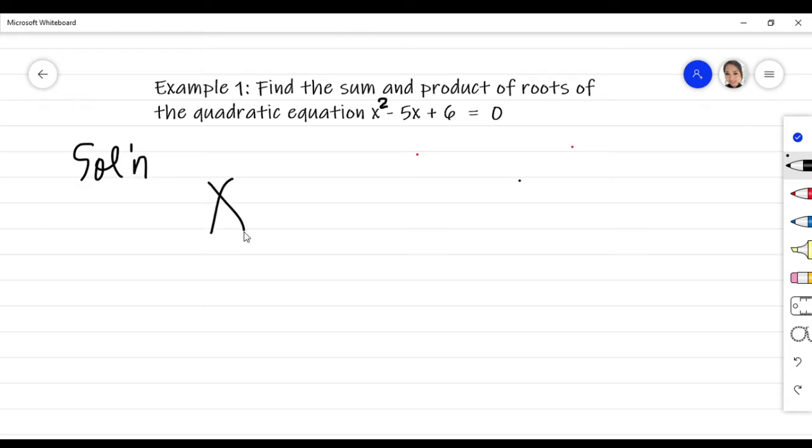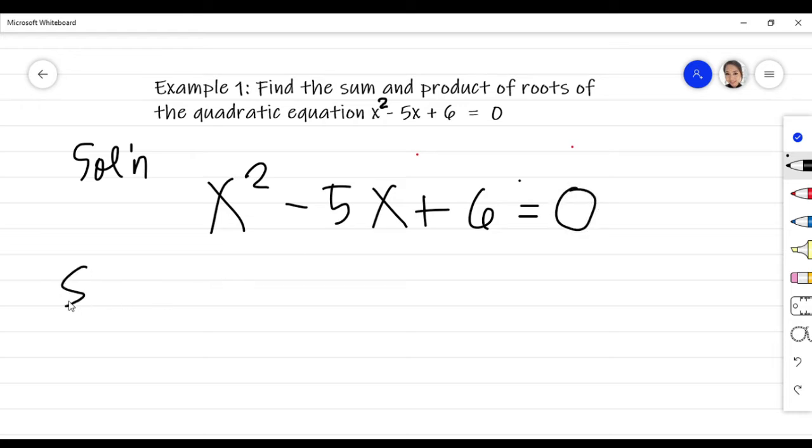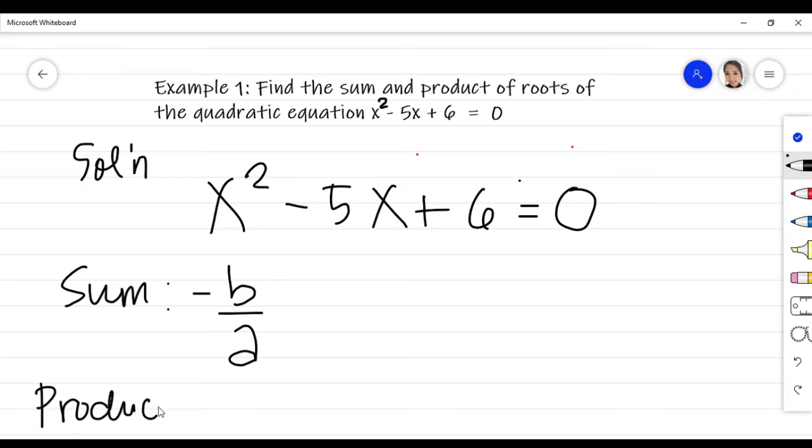So we have the quadratic equation x squared minus 5x plus 6 equals 0. We know that the sum of the roots is denoted by negative b over a, while the product of the roots is denoted by c over a.